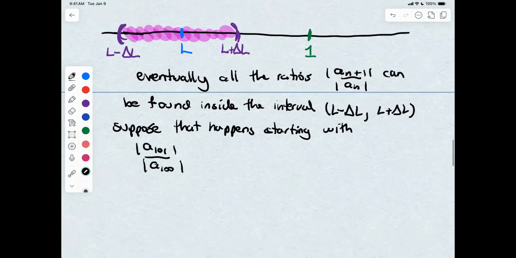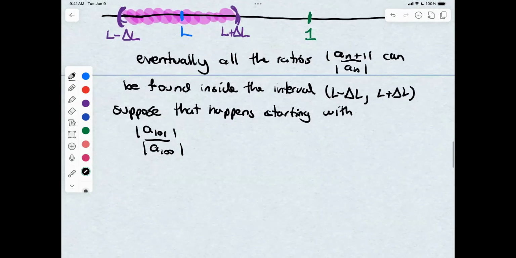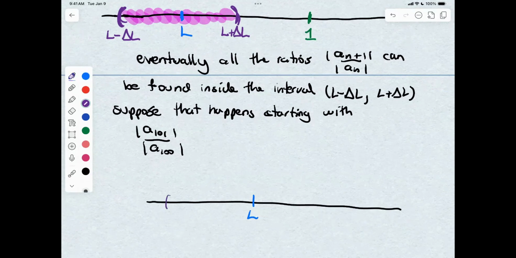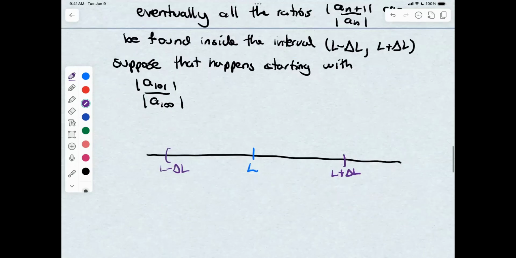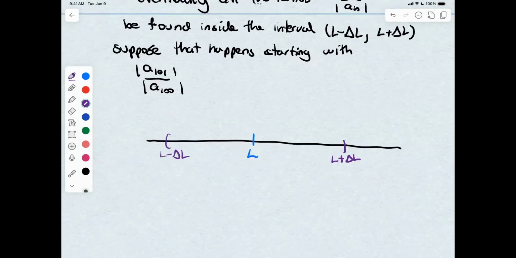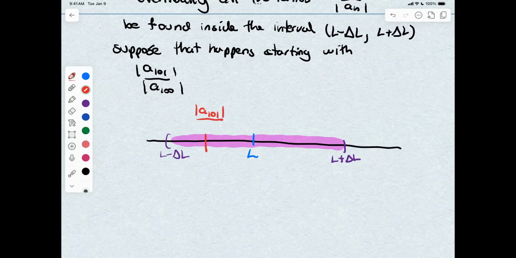So what that means is, let me draw the interval again here. You have the limit here, you have L minus delta L, and here L plus delta L, right? This is our safe zone, and somewhere on this interval would be A of 101 divided by A of 100, but then the next ratio would also be there.